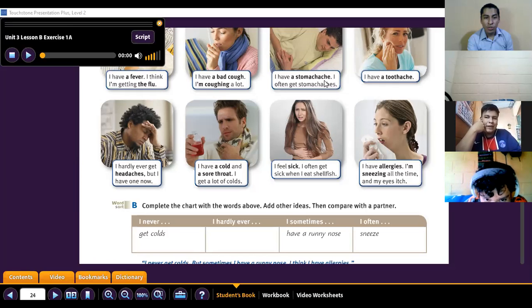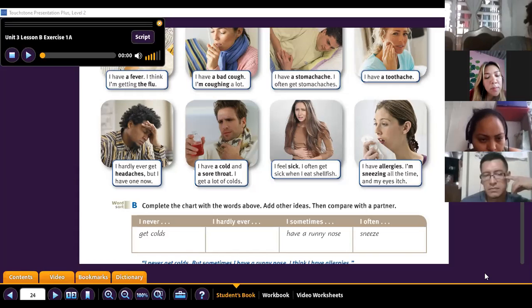Sore throat, cold, allergies, runny nose, stuffy nose, backache, sore muscles, sore knee, sore ankles, sore wrist, sore feet, sore eyes. Let me see what else can you have sore? Sore hips, probably. So you always have health problems.